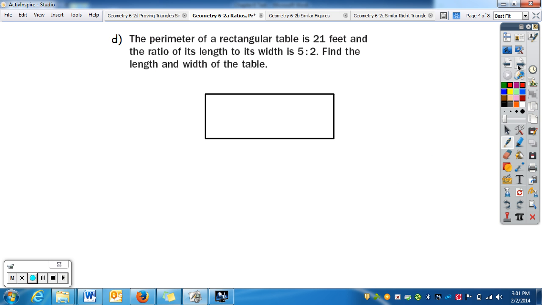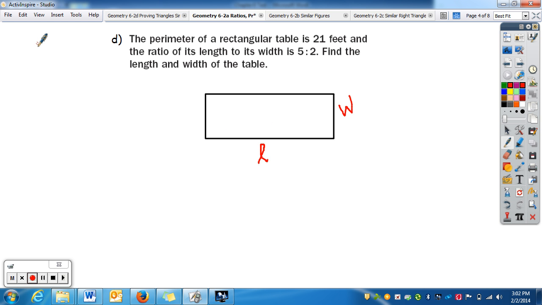So our next example, we're actually going to have to figure out the lengths based off the ratio. The perimeter of the rectangular table is 21 feet. So remember, perimeter is your distance around the figure. And the ratio of the length to the width is 5:2. So we have the length here and the width here, and we need to find the width of the table.